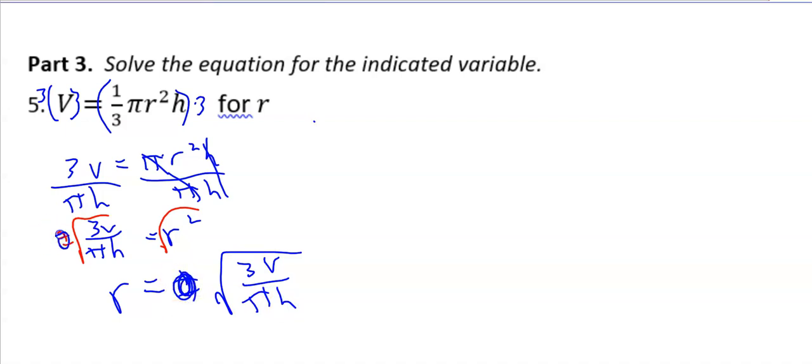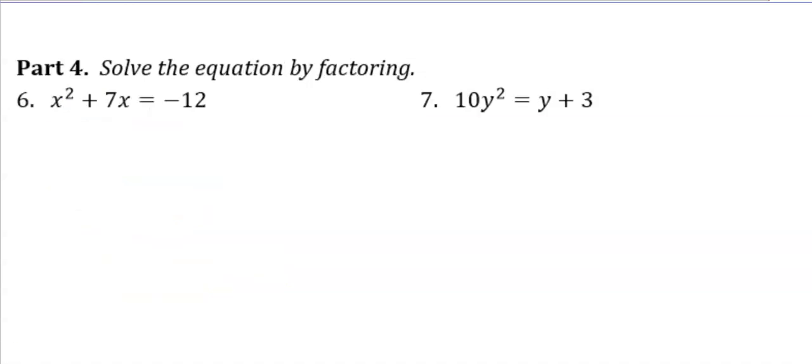Even though we're used to doing that, we don't have to, because these are real values. These are actual radius, height, volume of a cone or whatever this is. So we don't have to worry about plus or minus. Other thing is, I don't care how messy it is, just solve for the variable they want you to solve for.